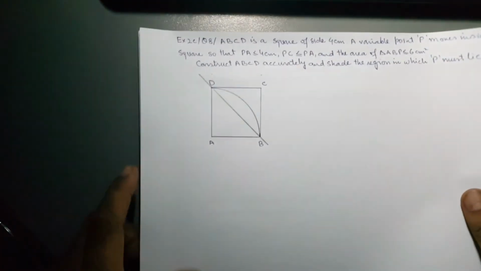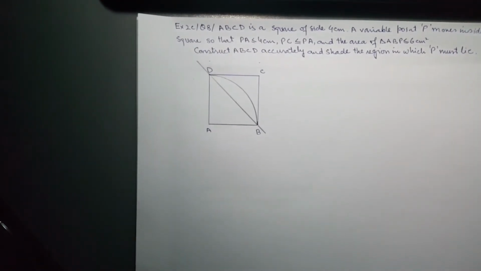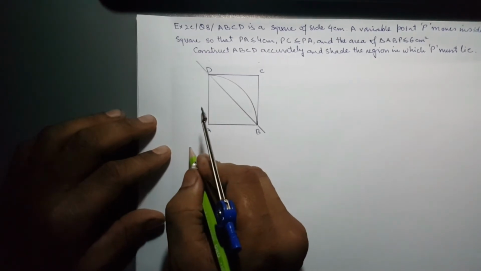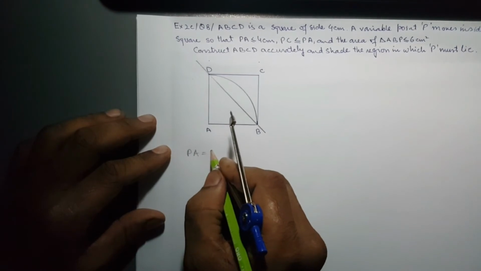Now, the next locus, which is about the area of the triangle. ABCD is a square already drawn of side 4 centimeters. A variable point P moves inside the square so that PA is less than or equal to 4. PA, we will put an equal sign.